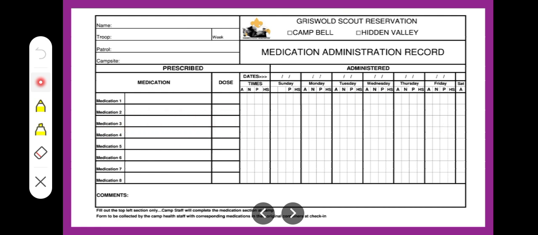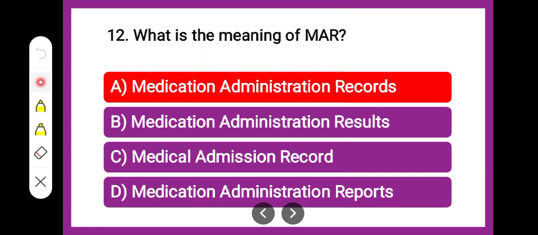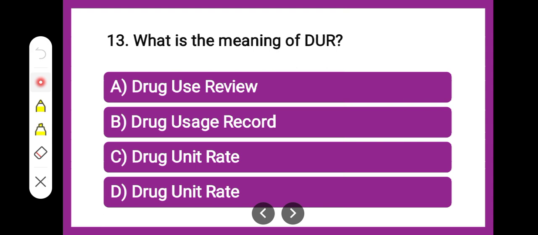So this is nothing but the medication administration record. That means the record of the medication which is administered to the patient is nothing but the medication administration record, that is MAR.